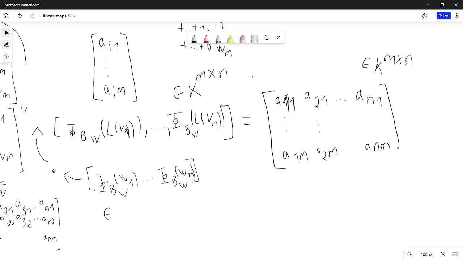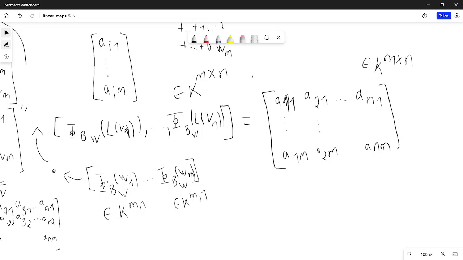What is that actually? Well, that maps this vector into K^m, because we have m coordinates of the representation of this vector in that. So that is K^{m×1}, and everything is K^{m×1}, and we have m vectors.